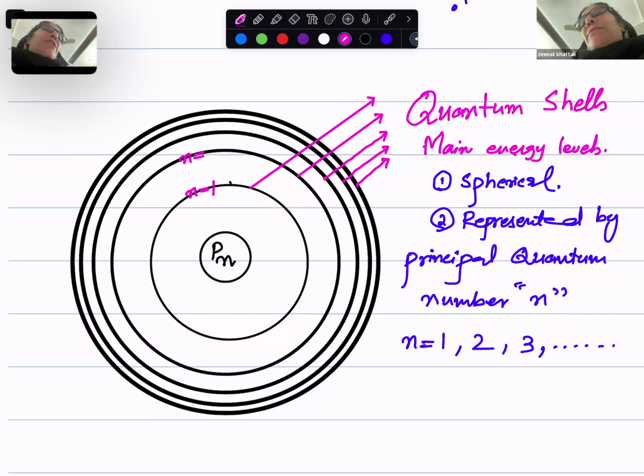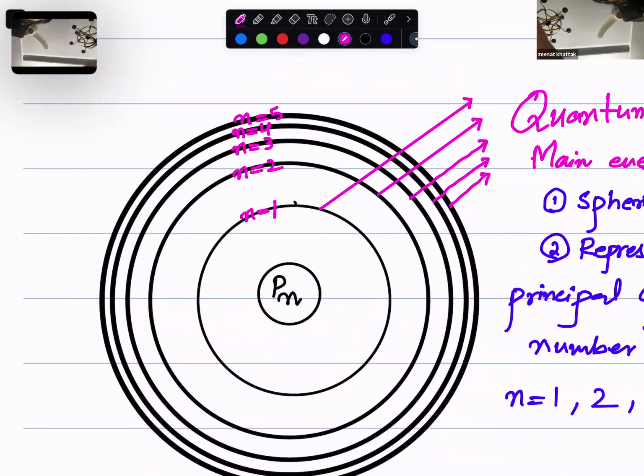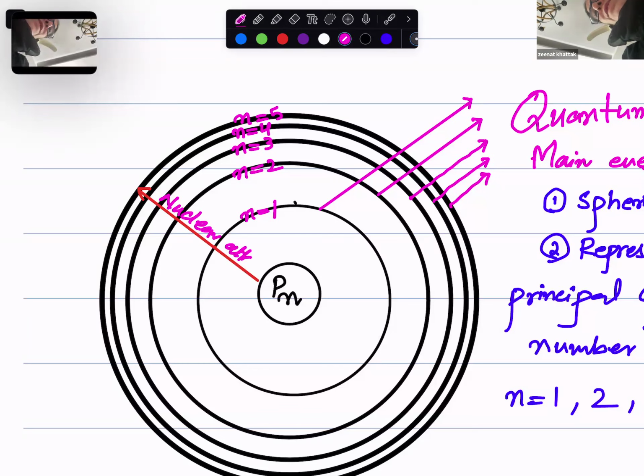Look, as we move away from the nucleus, what is happening? As we move away from the nucleus, nuclear attraction decreases.